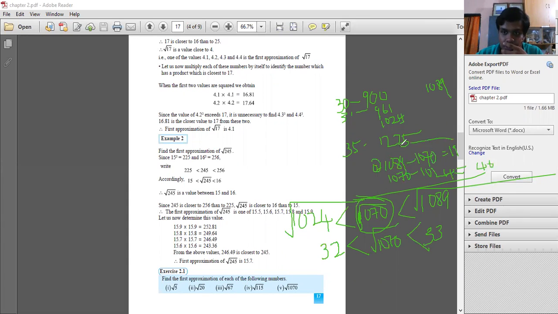So you see this is closer. So we are going for the 33 side.